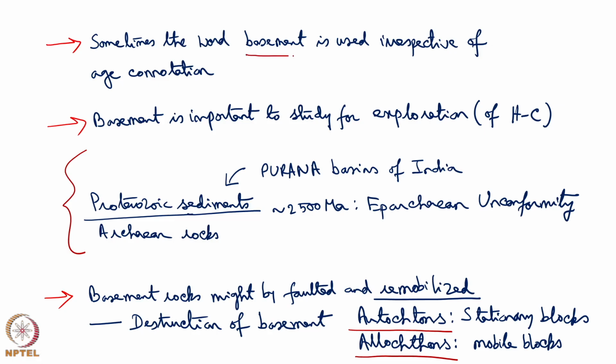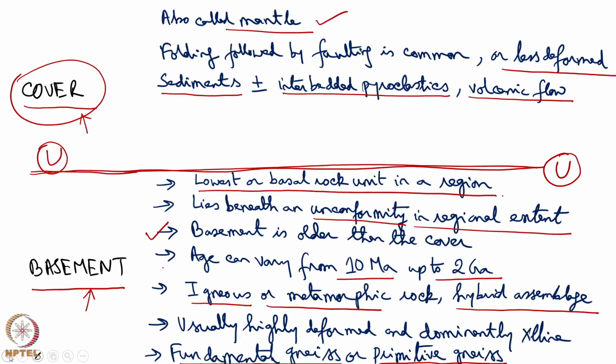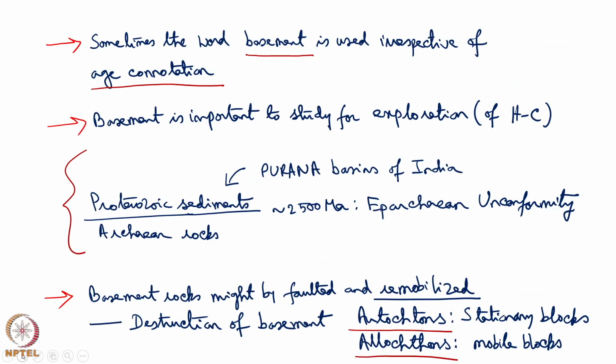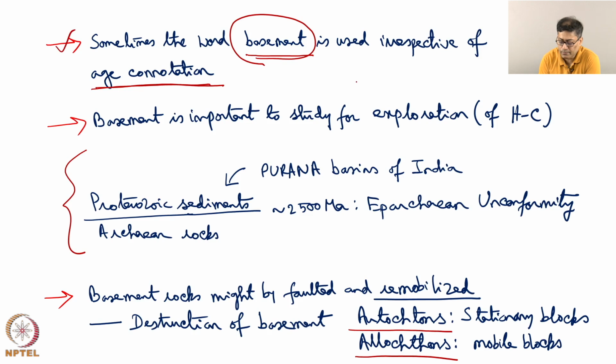A few interesting statements. Sometimes the word basement is used irrespective of the age connotation. What does this mean? In the previous slide we referred that the age of the basement rock can be very old, 10 million years or 2 billion years, but there are cases where the word basement has been used without any connotation of that very old age. In that case, it simply means a rock which is at the bottom and over which sediments have been deposited.